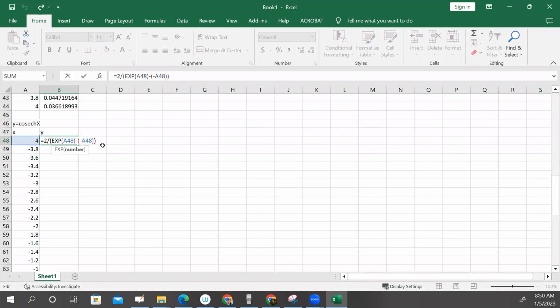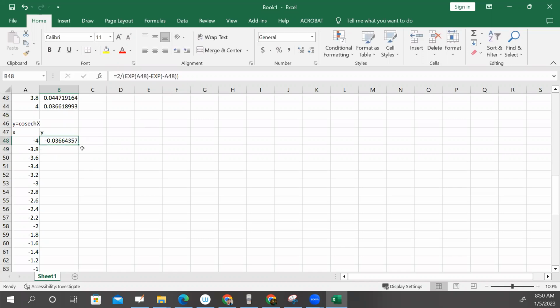This is wrong. Again, this should be the exponential here, the exponential of minus x. Okay, so now this is correct. Can you see, guys? 2 over e to the x minus e to the power minus x.